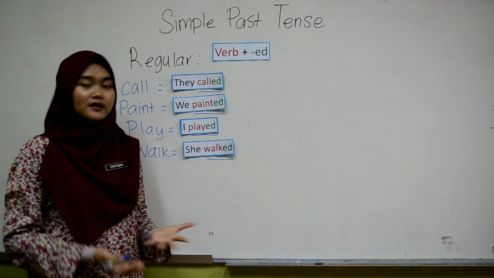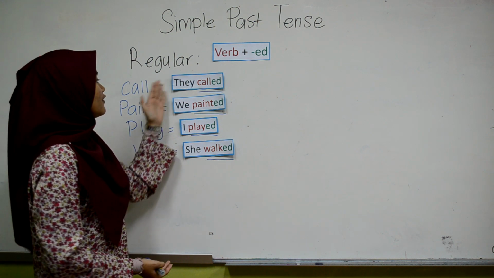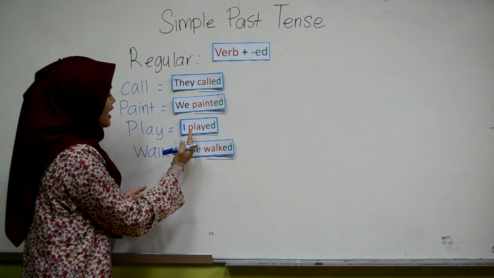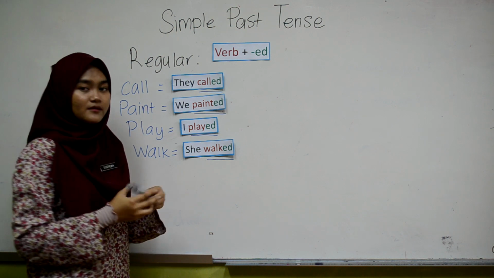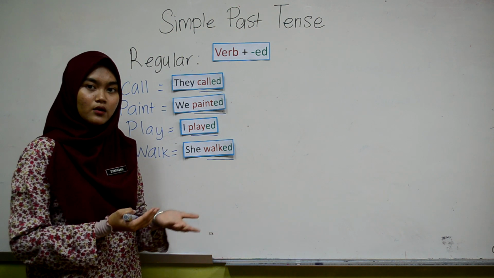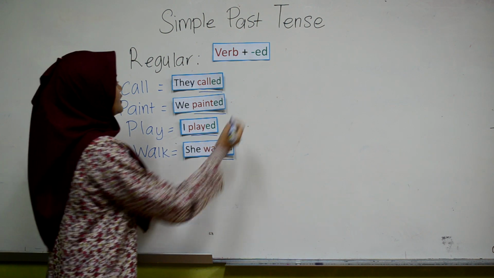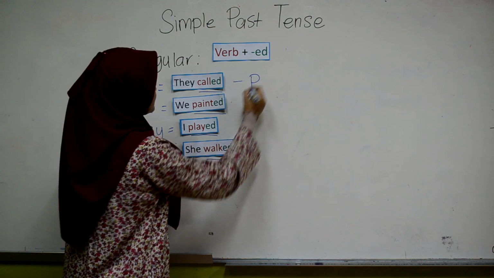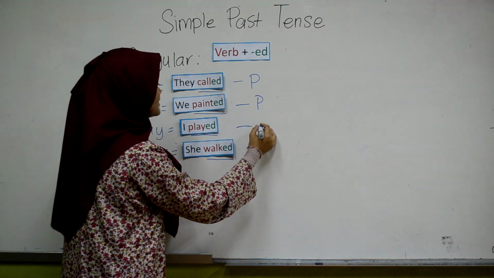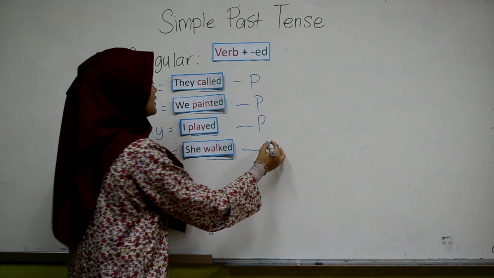And students, as you can see here, pay attention to the nouns I put in front of the verbs. They, we, I, she. It looks like singular and plural nouns use the same form of past tense. They is plural, we is plural, I is a special case here, but we're going to put it as plural, and she is singular.